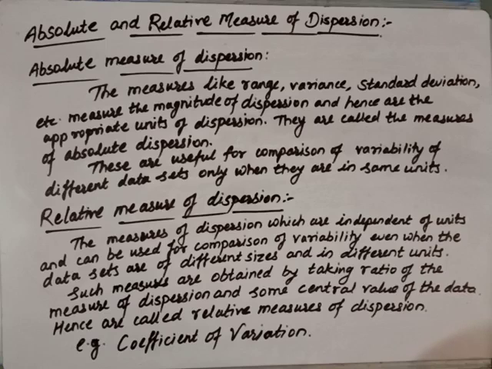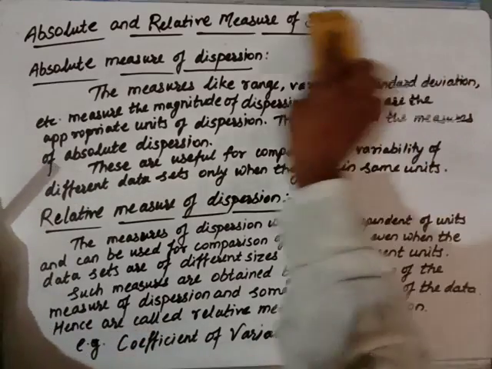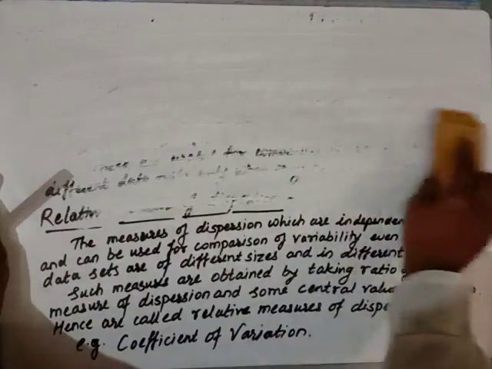The measures of dispersion we have to learn are the range, quartile deviation and standard deviation. Basically, these three measures of dispersion we have to learn here.